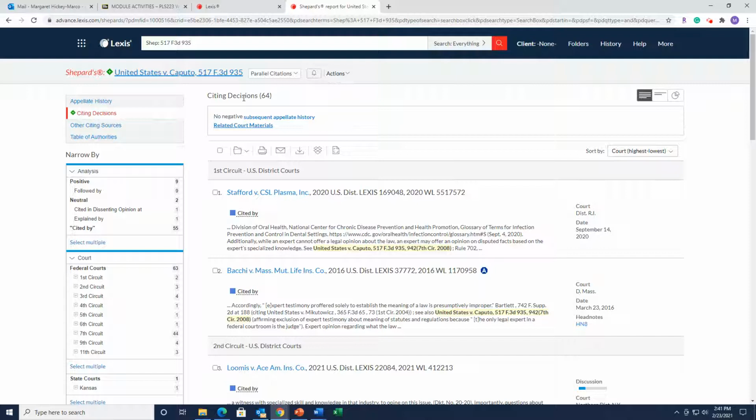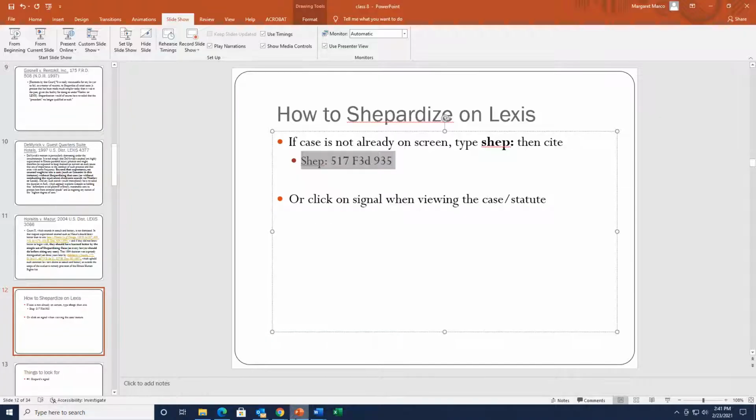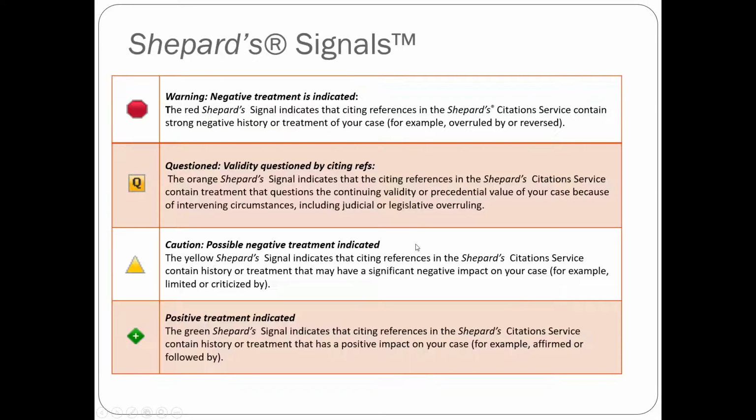Okay. So first thing we're going to look at is my Shepard signal. So let's see what these Shepard signals are. Okay. So they do it like traffic signals. Red stop sign means warning, negative treatment is indicated.